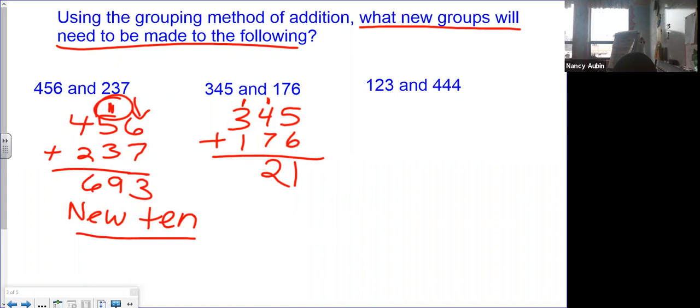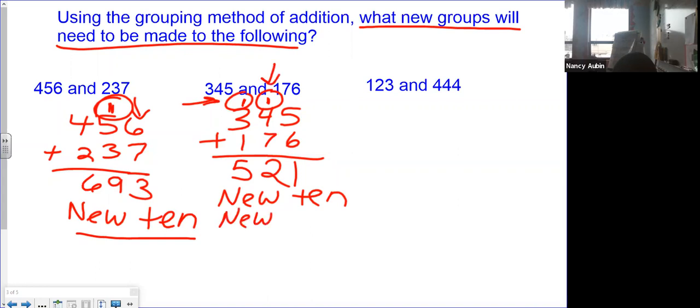Yes. 1 plus 3 plus 1? Okay, so it's asking me what new groups will need to be made. What did we have on this one? A new 10 and a new 100. Look what we did. We made a new 10 and a new 100 this time.